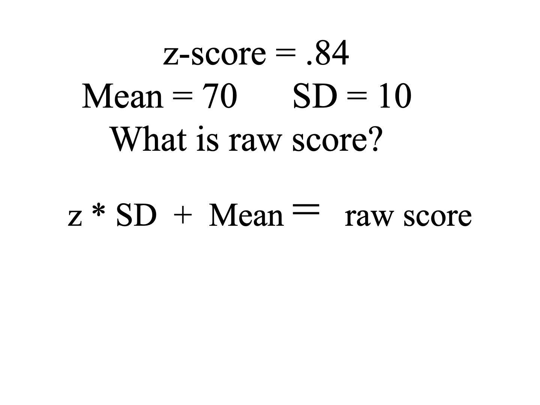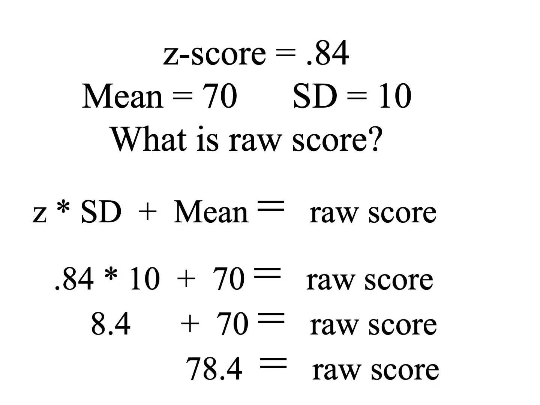To calculate the raw score, we multiply the z-score times the standard deviation, then we add the mean. We just have to plug the numbers at the top of the slide into the formula. Here is the calculation. At the bottom we can see the answer is 78.4.